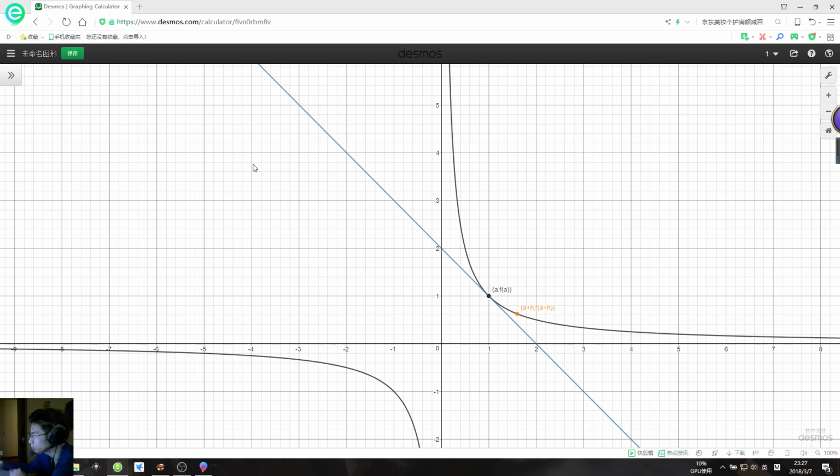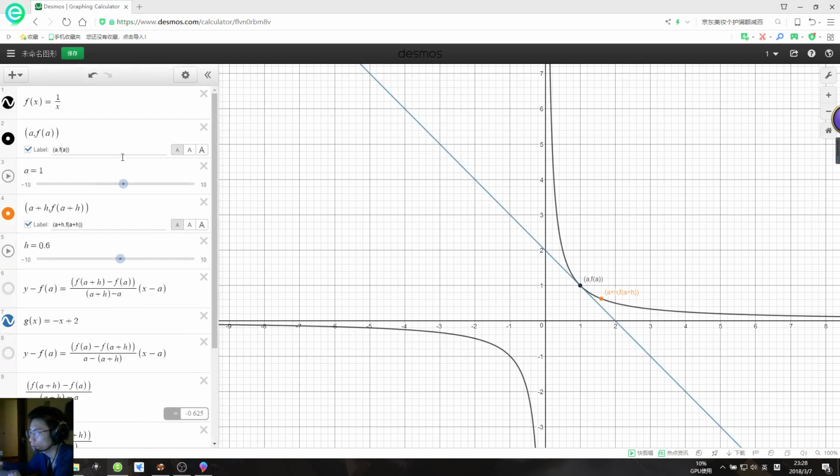And then I got another point, the orange point, which is a plus h, and f at a plus h. And then based on those 2 points, I can draw a secant, which is this green line.